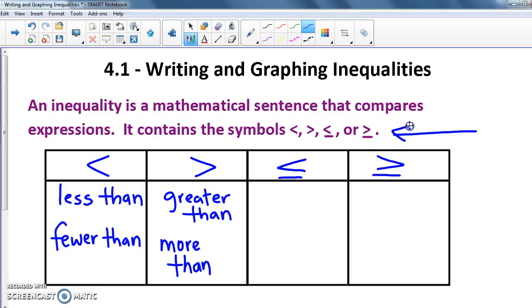The next one is less than or equal to. But there's another phrase that you might see with this one, at most. And a final phrase here would be no more than.